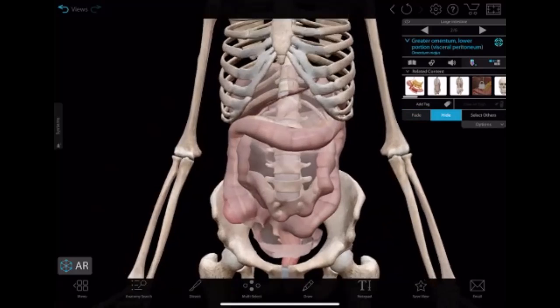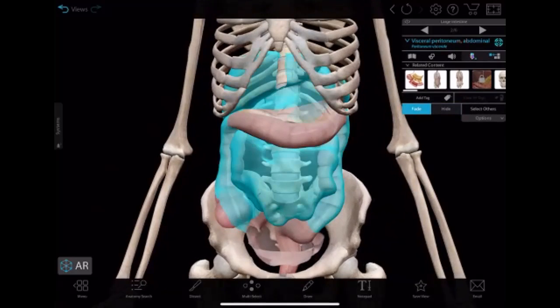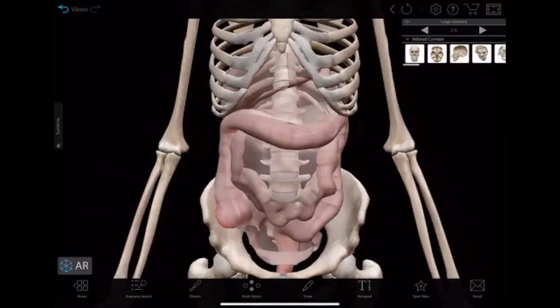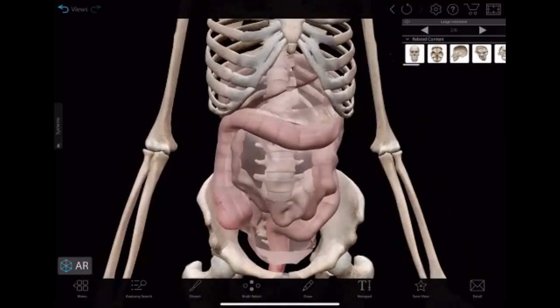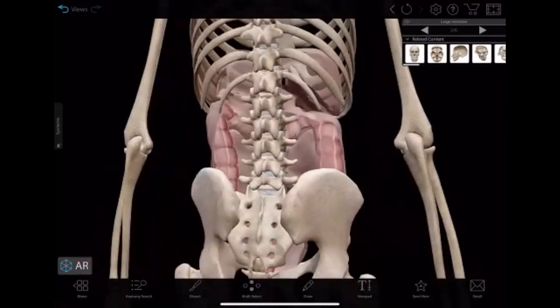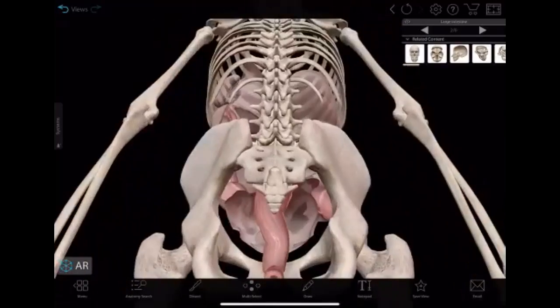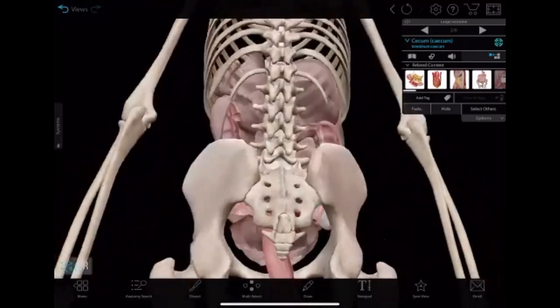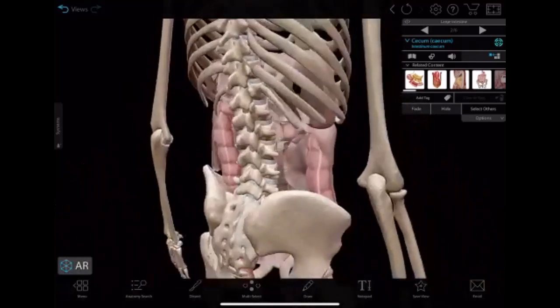And this one is the visceral peritoneum, right? So even the visceral peritoneum is not covering the cecum and appendix, right?